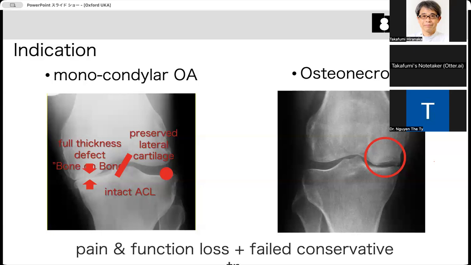So the pain and the function loss, despite the continuous conservative treatment, at least 3 or 6 months. Sometimes this kind of osteoarthritis never induces the pain. Some patients have no pain despite such kind of full thickness cartilage wear.